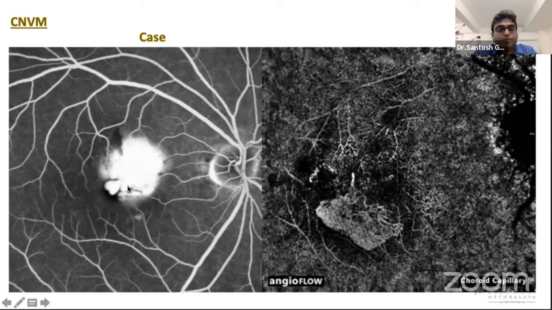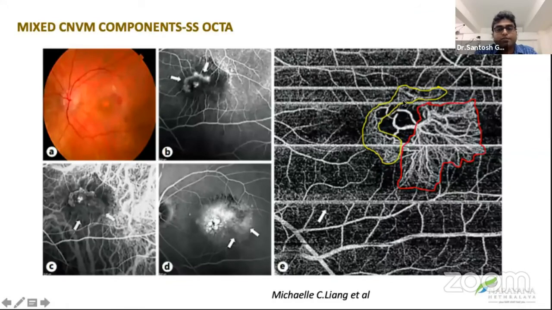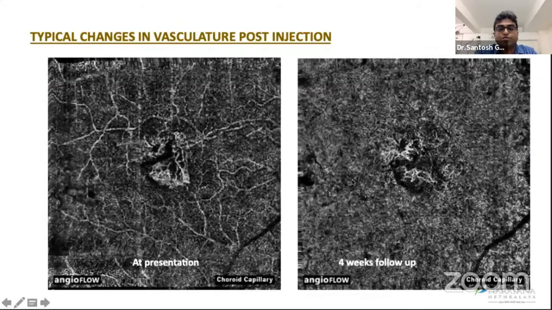In early stages, obviously, we can make out whether it's a classic or an occult leak. But a neovascular membrane on OCTA is very, very well defined, and you can follow these things over a period of time. You can even see how a classic CNVM looks, or how an occult CNVM looks, the different components of the CNVM, and the changes post-injection, post-follow-up.